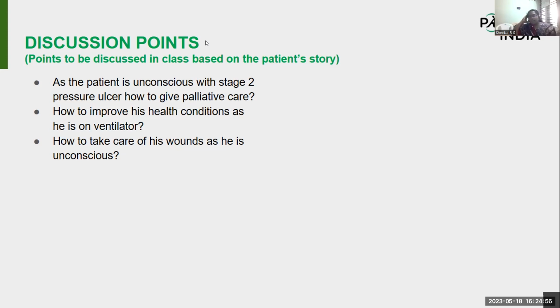So I think this patient needs basic nursing care because he is totally unconscious. He needs total care. Another thing is the patient is on nasogastric tube feeding, so the feeding has to be done in a proper way. Otherwise, these patients will develop aspiration pneumonia because of the technique.